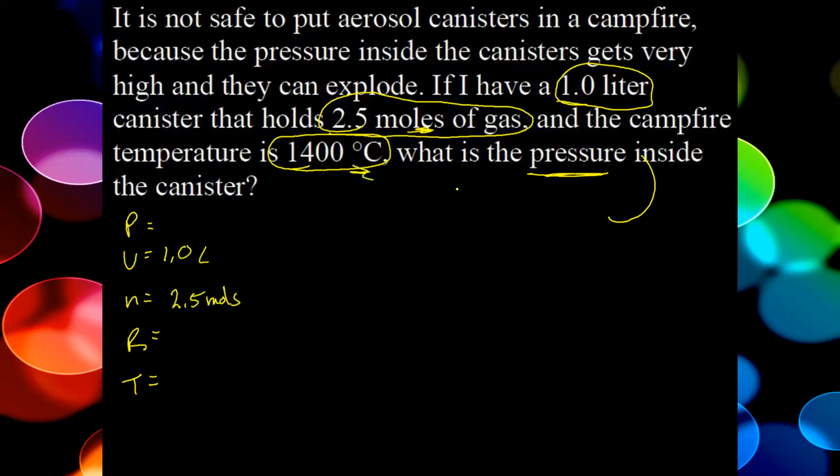What would I do with Celsius? Yes, it's my temperature, right? But I can't leave it as Celsius. I have to turn it to kelvins. Do yourself a favor, do that right away so you don't forget. Just slap on a plus 273. And if I can do this in my head, I think I get 1673 kelvins. If I did that wrong, please let me know.